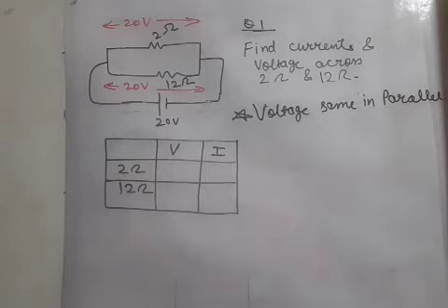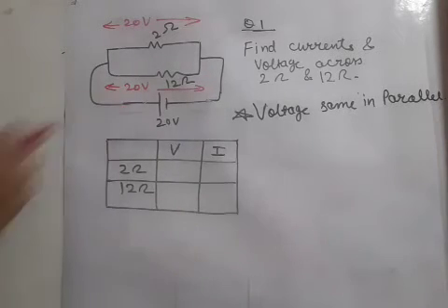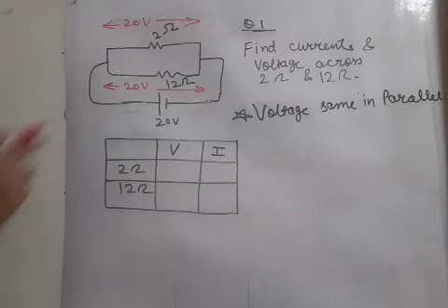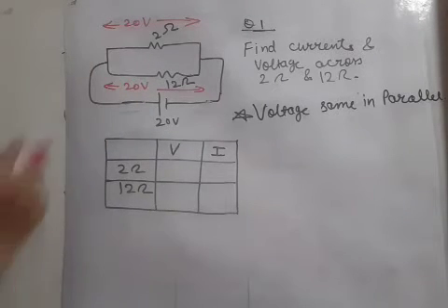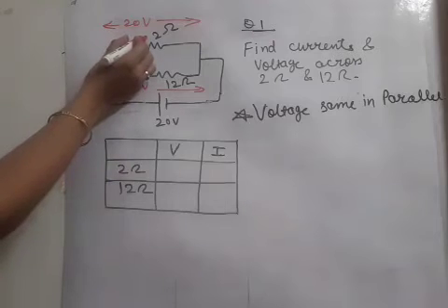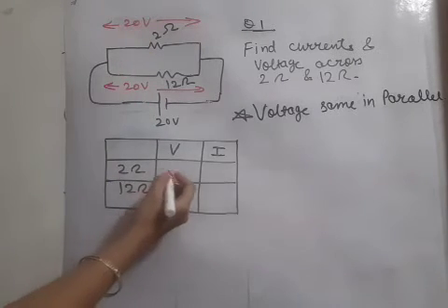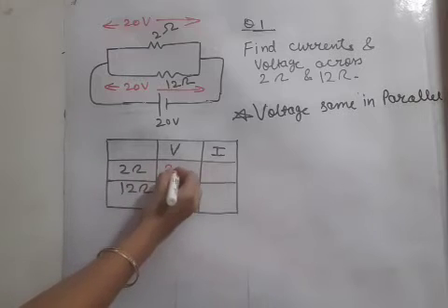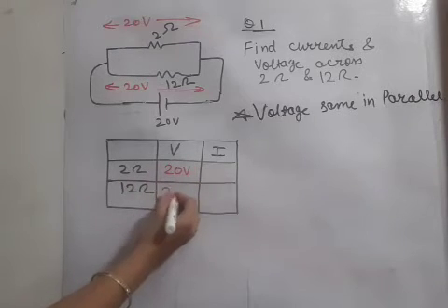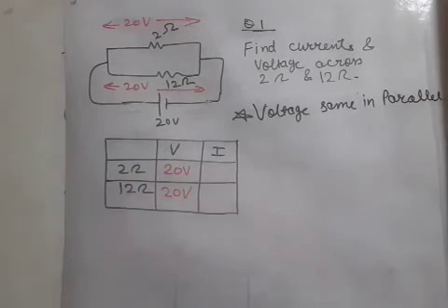This is the property of parallel, that whatever battery voltage is available, that is available the same for all the resistances. So across 2 ohm and 12 ohm the voltages are calculated easily. We will just note down here: 2 ohm voltage is 20 volt and 12 ohm voltage is also 20 volt.